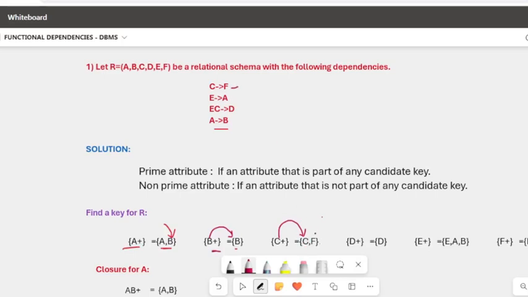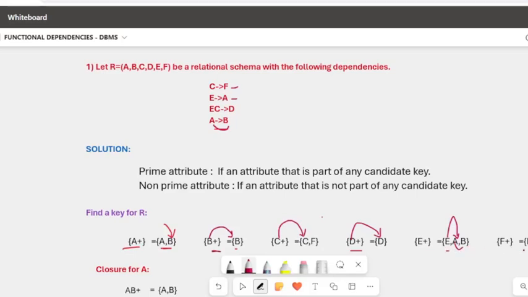Check whether CF determines anything else, nothing, so the closure of C+ is C and F. Then the closure of D+ is D itself, and D derives nothing, so one and only D. Next, the closure of E+: E first, then E derives A, so A. Then does EA derive anything? Yes, A derives B, so finally EAB. So the closure of E is EAB.